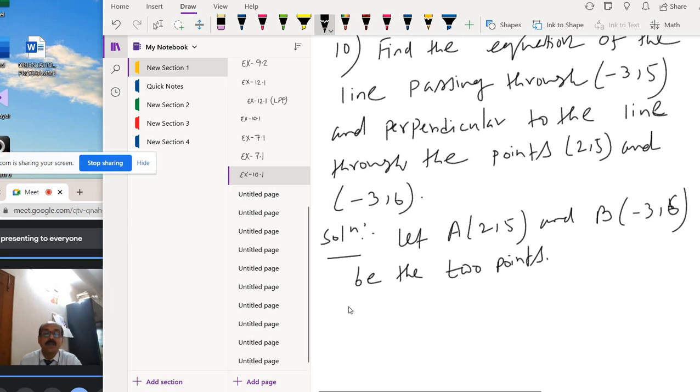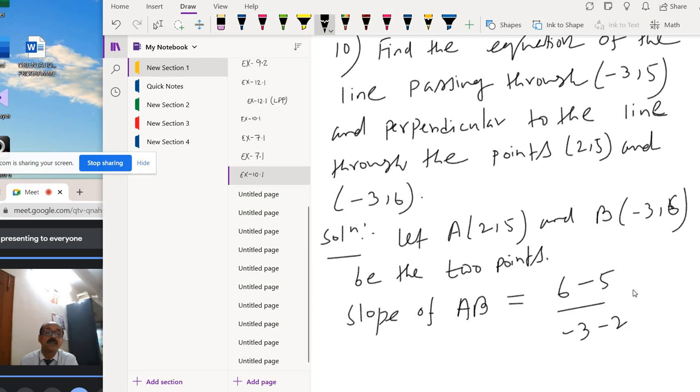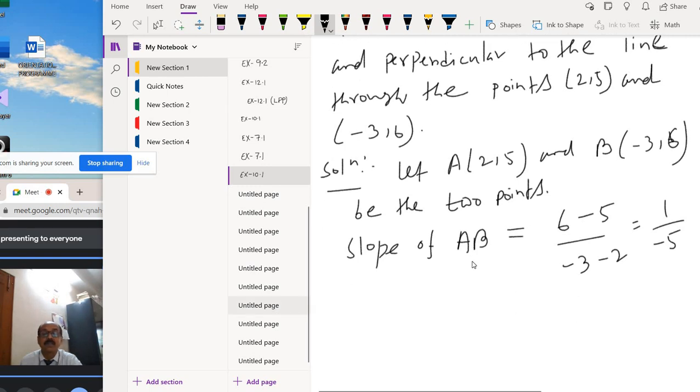Now find the slope of AB. Slope of AB equals 6 minus 5 by minus 3 minus 2, which is 1 by minus 5. This is the slope of the line joining (2, 5) and (minus 3, 6).